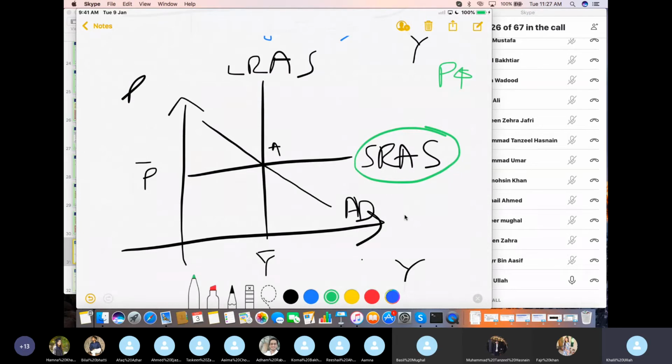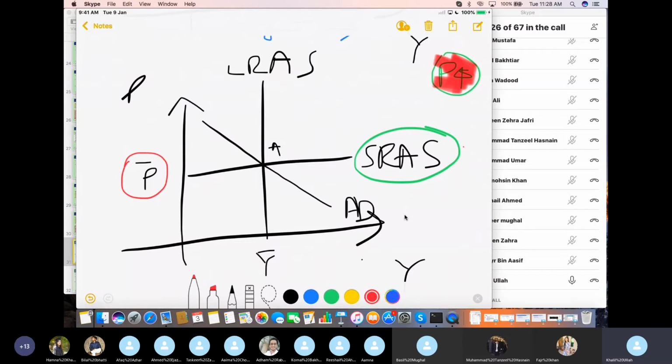And when the price of oil, which is this red highlighted area over here, goes up, the price of everything in the economy starts to go up. And when the price of everything starts to go up, your price levels start to go up.